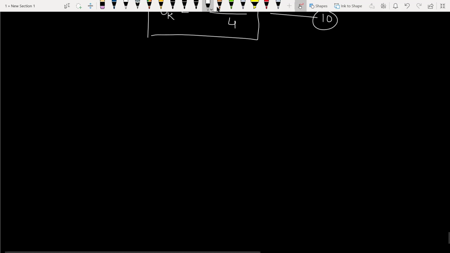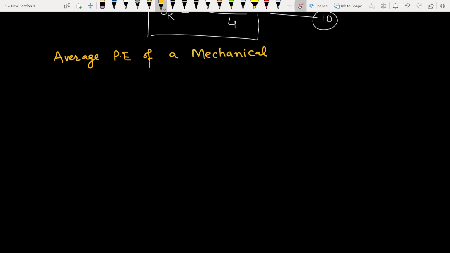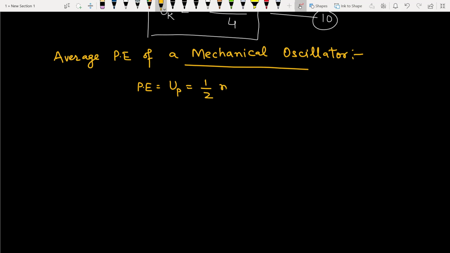So now we derive the expression for average potential energy of a mechanical oscillator. Potential energy is written with symbol UP. It is half m omega naught square a square cos square omega naught t.